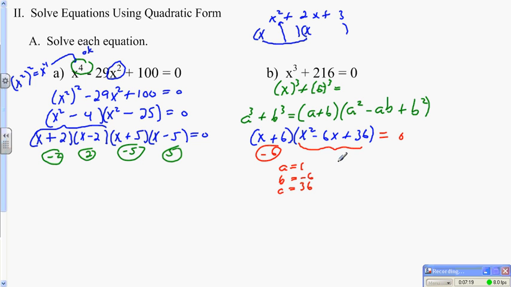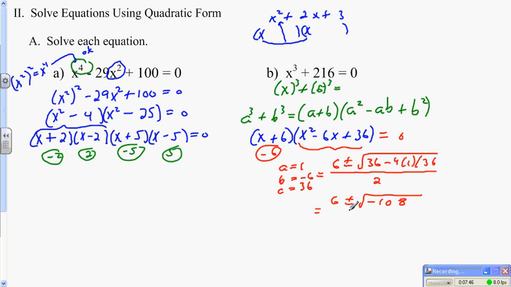So opposite of b, plus or minus square root of b squared minus 4 times a times c, all over 2a. So 6 plus or minus, and that is a square root, I believe, of a negative 108. That means that we're going to have an i involved here.